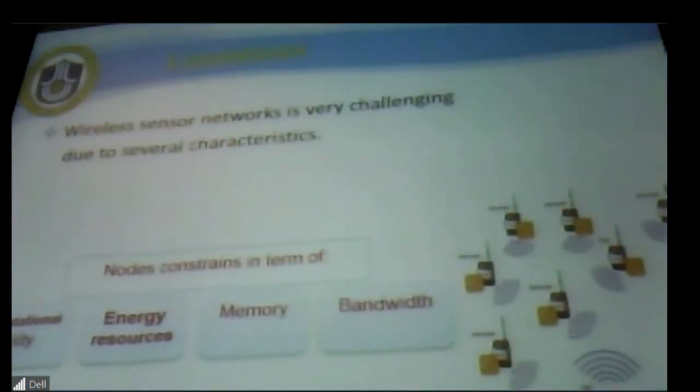These nodes suffer from several limitations: computational ability, energy resources, memory limitation, or bandwidth limitation. Most research focuses on energy consumption in these nodes, because if a node depletes all its energy, it will die early and no more sensing of the environment will happen.